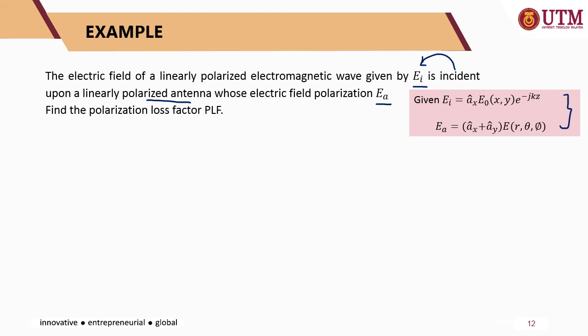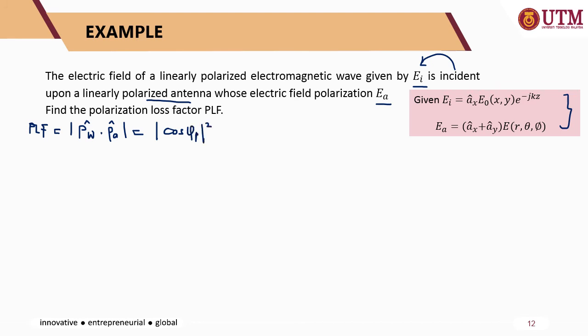To solve this, I recommend you first write down the general equation for PLF. From the previous slide, PLF is equal to the dot product of unit vector rho W, the incident wave, with rho A, the antenna unit vector. It is also equal to the magnitude of cos psi p squared.